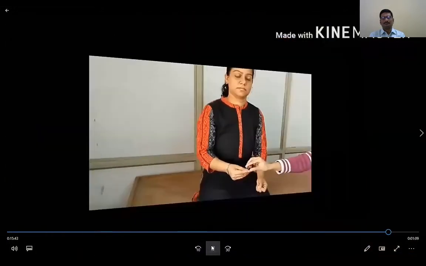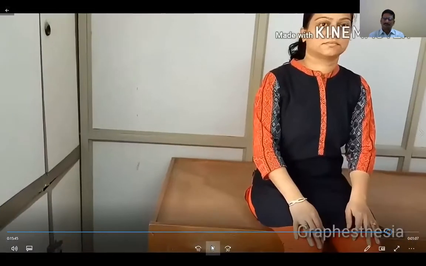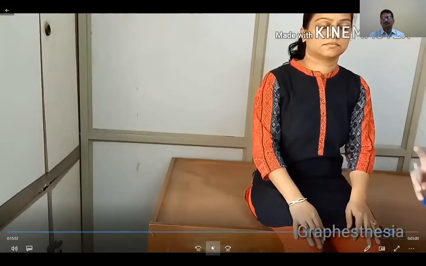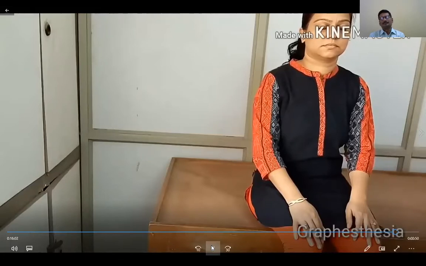Next is graphesthesia. Here, with the subject's eyes closed, with the help of the blunt end of a ball pen or with a finger, you can draw different figures or numbers, like a circle or square, either on the forearm or leg or palm of the subject.